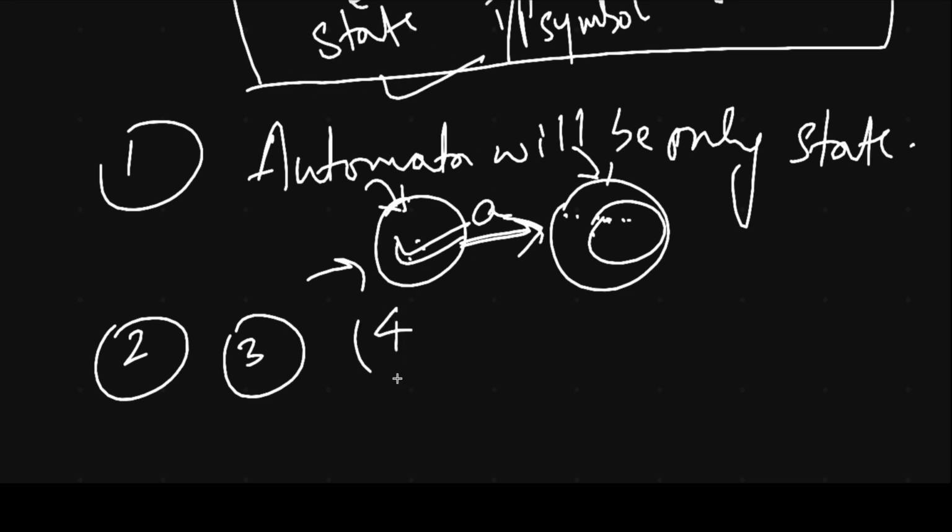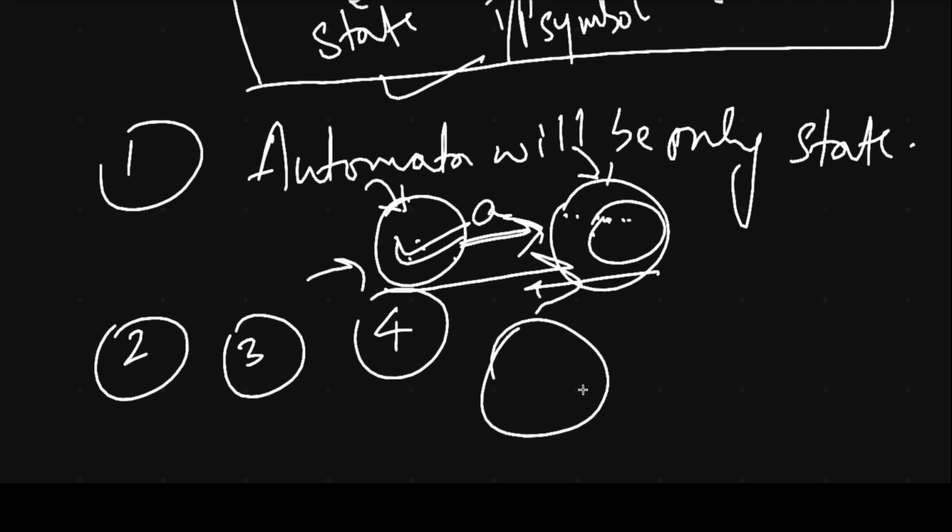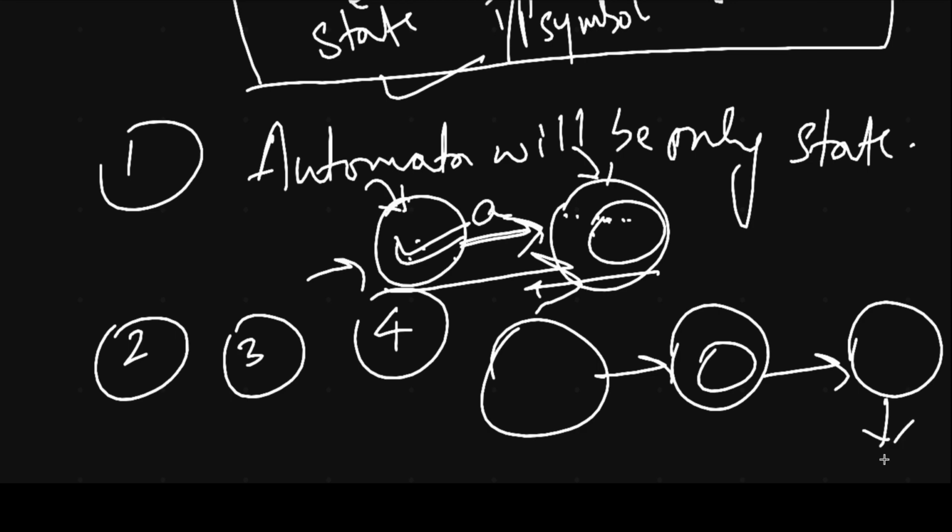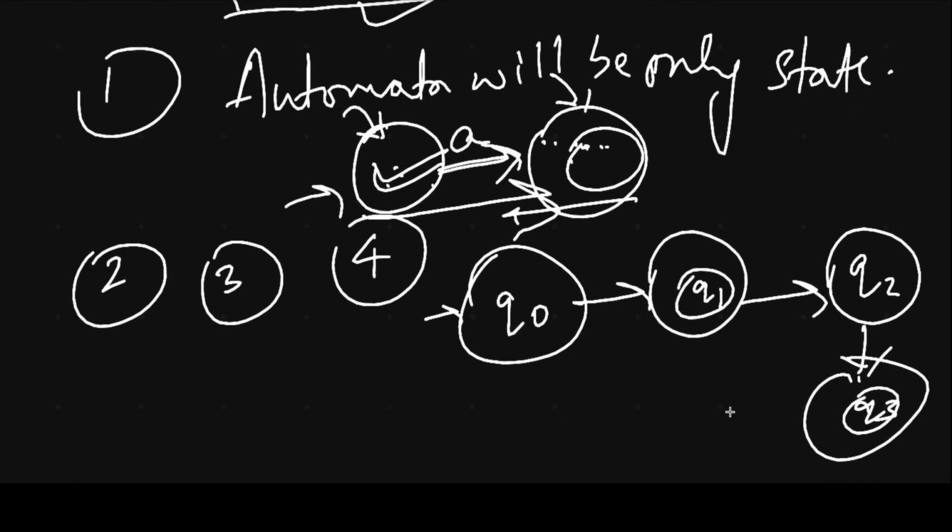The last one is that the automata scans or reads the input string from left to right, and only one symbol at a time. It can't read from right to left. For example, this is our automata: this is the initial state q0, this is q1, this is q2, and this is q3, another final state. We can have more than one final state.